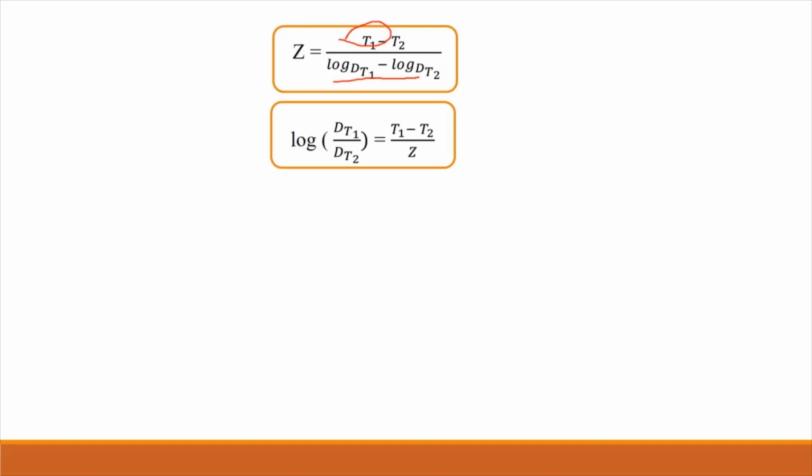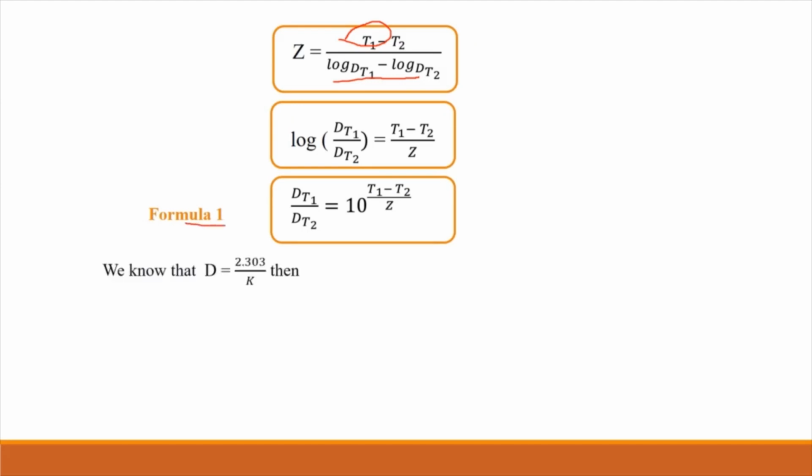The equation will become log Dt1 by Dt2 equal to T1 minus T2 by Z. Take log to the right hand side. The equation will become Dt1 by Dt2 equal to 10 to the power T1 minus T2 by Z. This is the main formula for Z value.